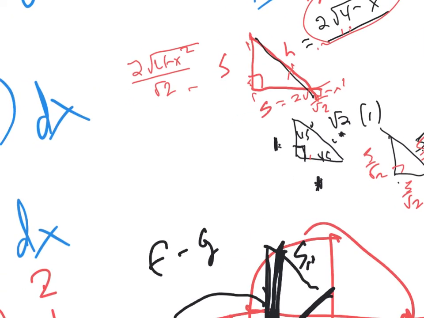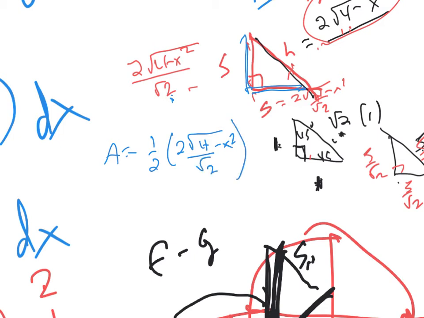All right. We're still working hard. Area of this isosceles right triangle will be 1/2 times this times this, base times height. Well, check it out. It's the same thing being squared. So it's going to be 2 square roots of 4 minus x squared over the square root of 2, squared. So I did need that number. That's base times height, times a half.